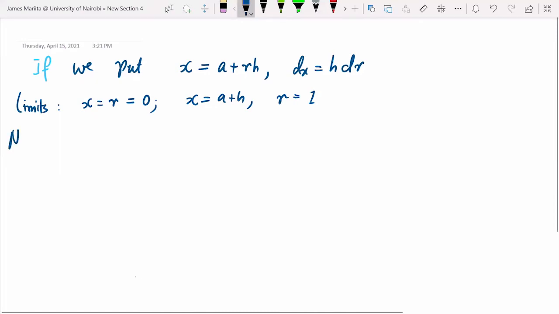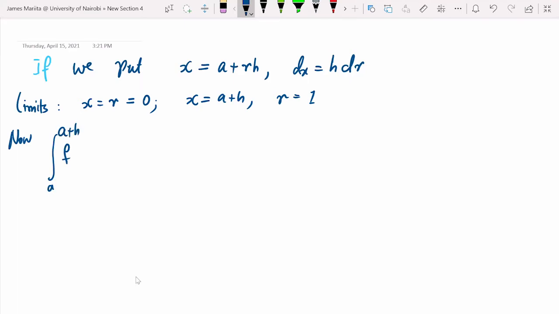We then have the integral from a to a plus h of f of x dx. This will be equal to the integral from 0 to 1 of f(a plus rh) h dr.